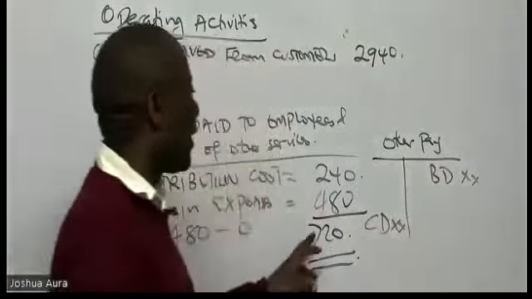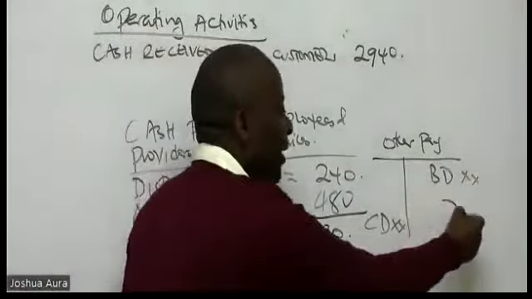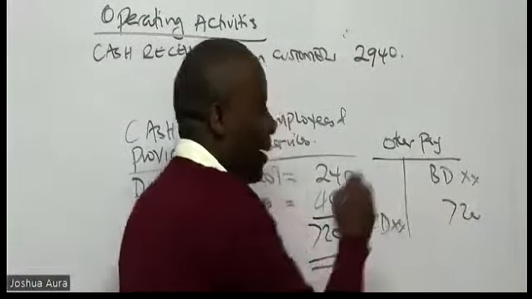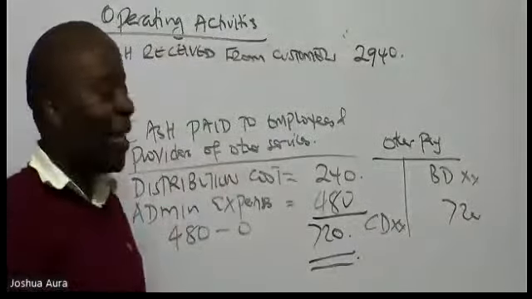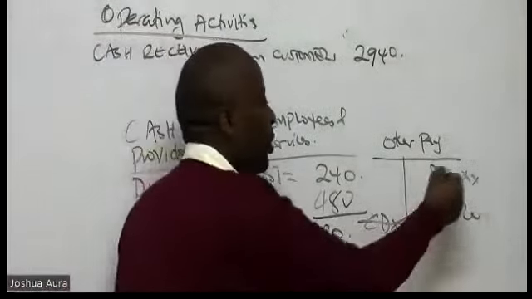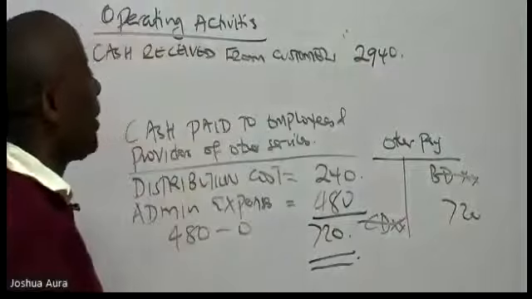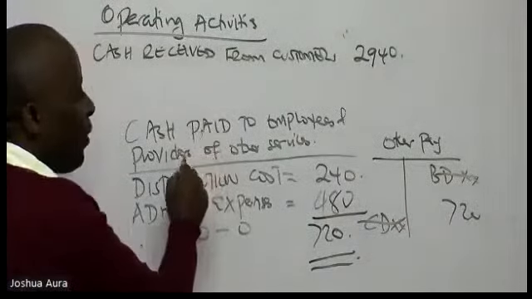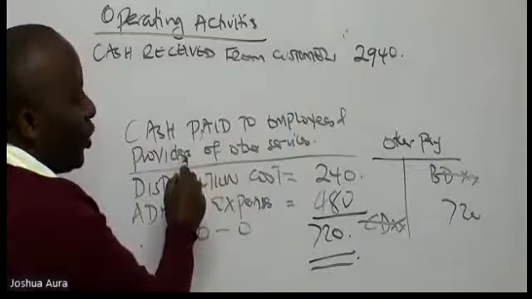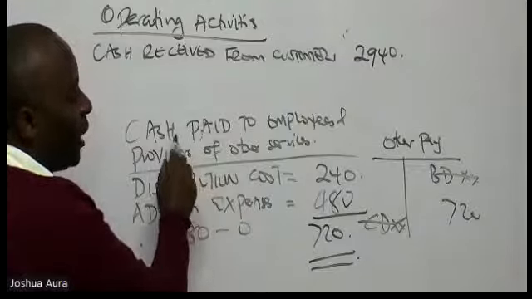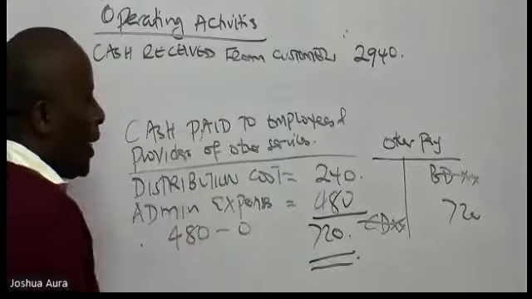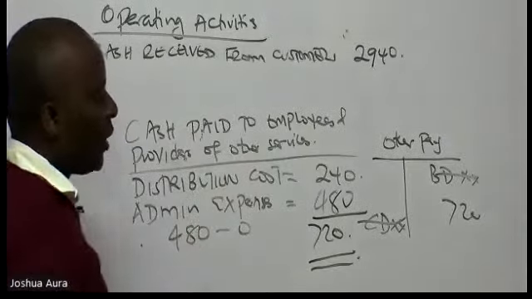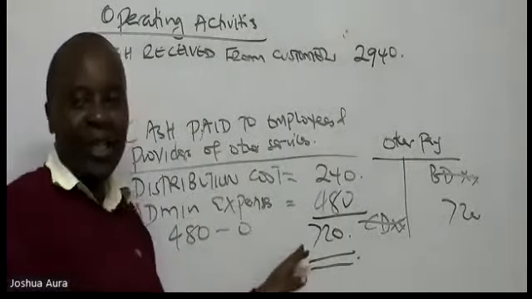And then whatever figure that I have here, I bring it here, 720. And then I'll be able to get the balancing figure. Here I've got nothing, so this 720 automatically is the cash paid to employees and providers of other services. Cash paid to employees and providers of other services is 720. And that is it.